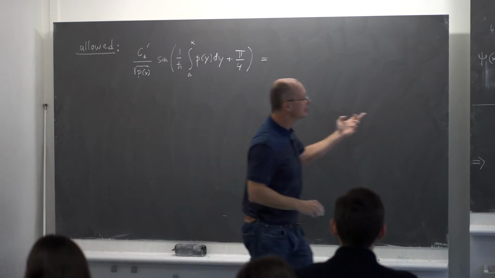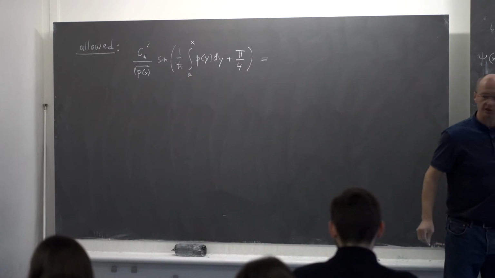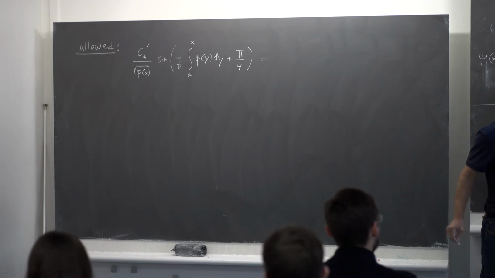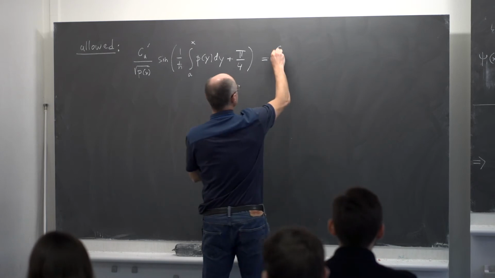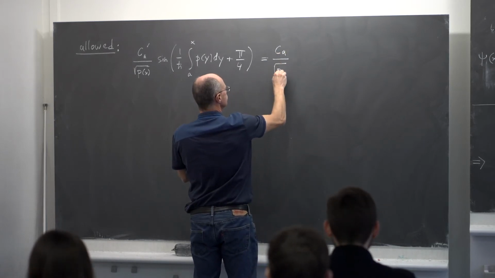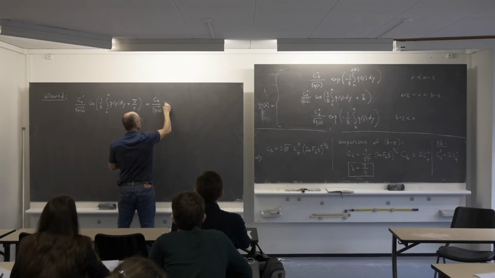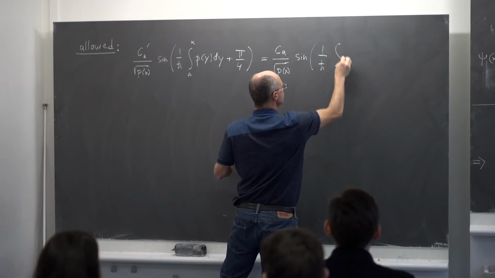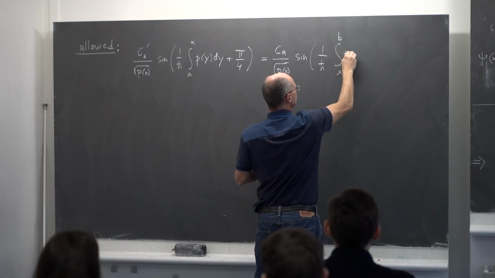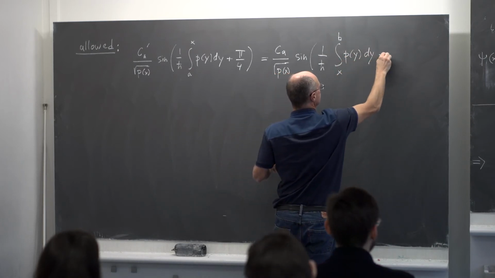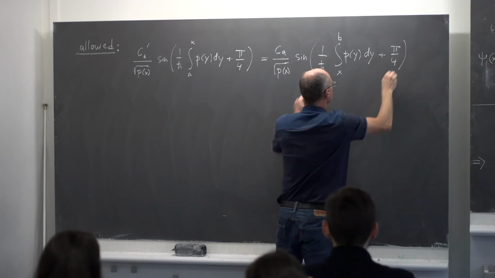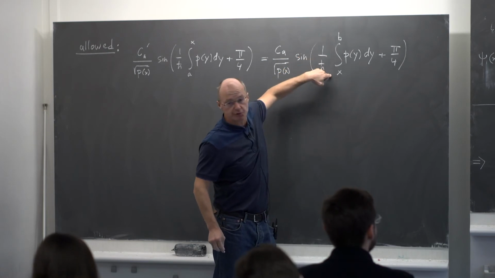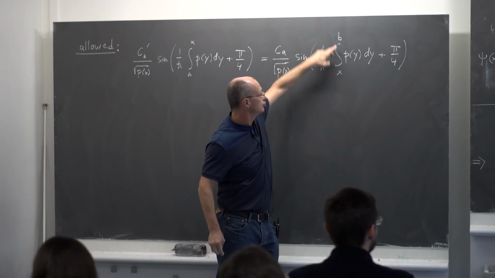And then, to be honest, when I did a matching at the point B, I wasn't doing a matching with this one. I was doing a matching with the expression like this. Because I want to compare with the asymptotics of the Airy, I need to write this expression.